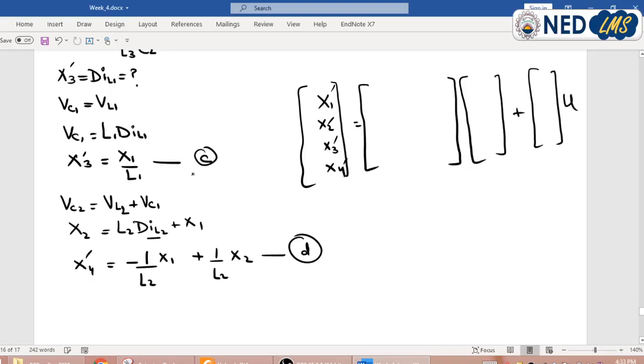Using x1 dash, x2 dash, x3 dash and x4 dash, we can write the state space representation here. This can be done in a similar way as we have done in the previous example, so I'm not repeating this.